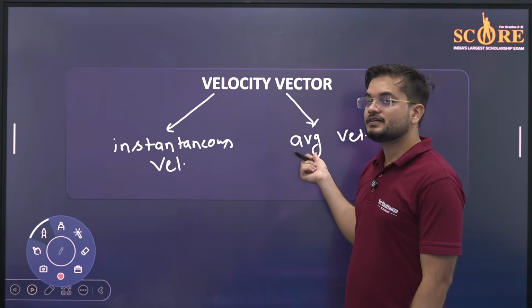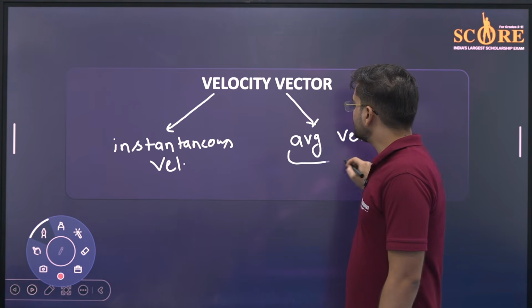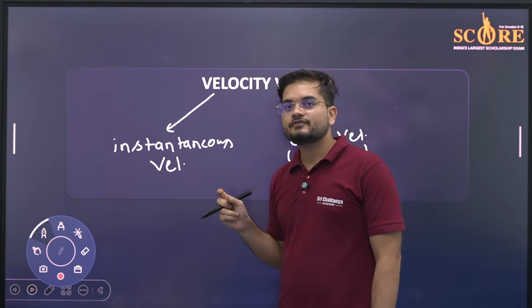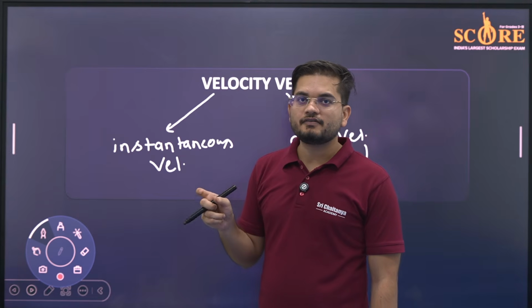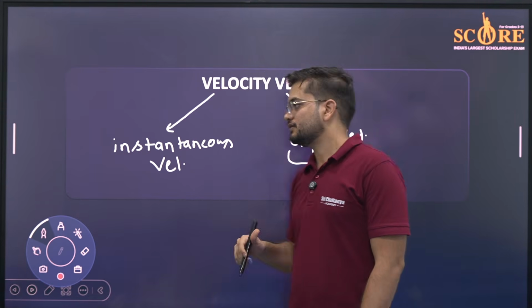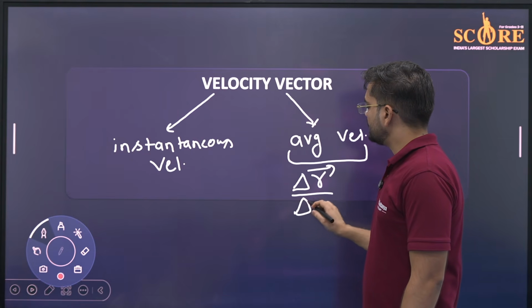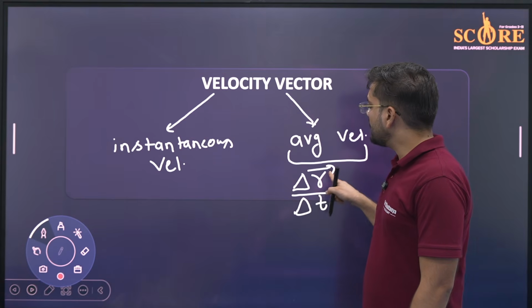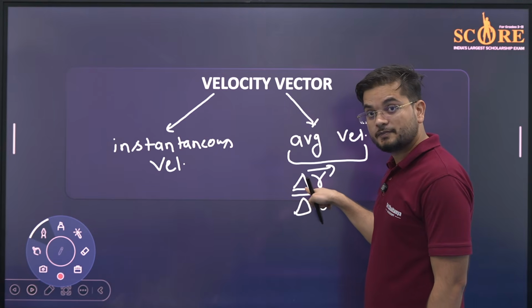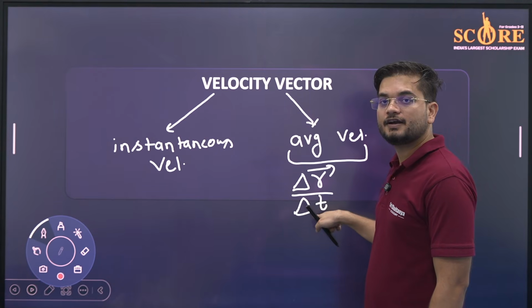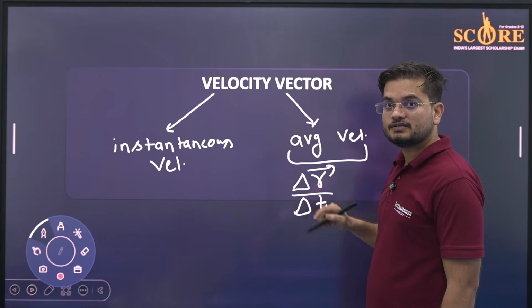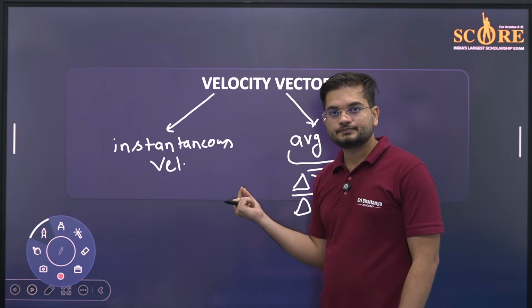Then next is average velocity. What is average velocity? Average velocity is displacement vector divided by time interval. Delta R by delta T, displacement, change in position divided by time interval, will be known as average velocity.